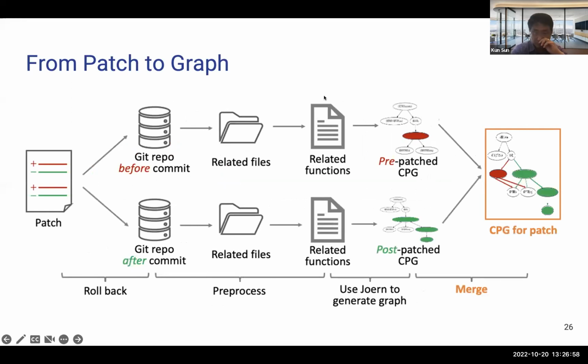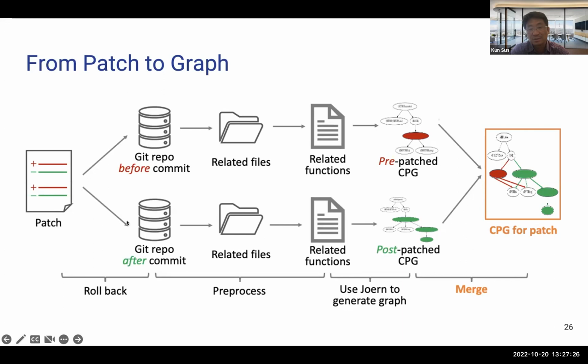So the first part is, given a patch, we need to construct this CPG. This CPG includes both the control dependency and the data dependency information. So the idea is, from the patch, we get the before version and after version.